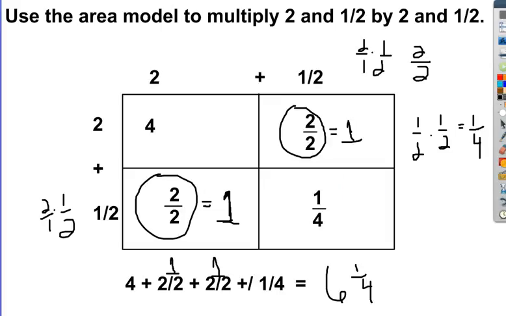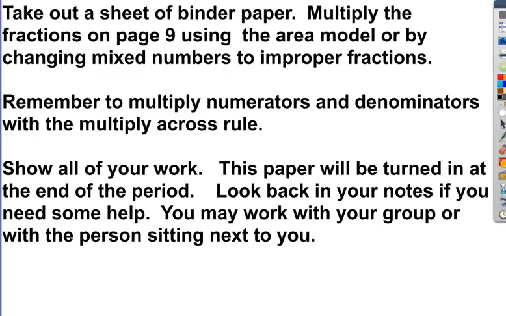Okay? So now take out a sheet of binder paper. This paper is going to be turned in at the end of the period, so you need to make sure that you are putting your name at the top. And then you need your Math Links book, book 7, and turn to page 9.